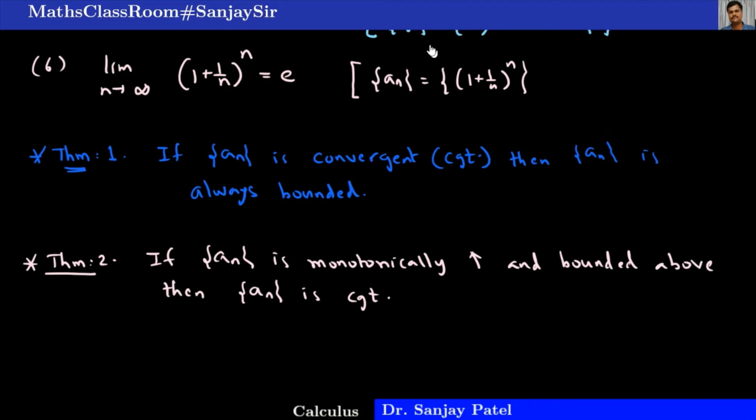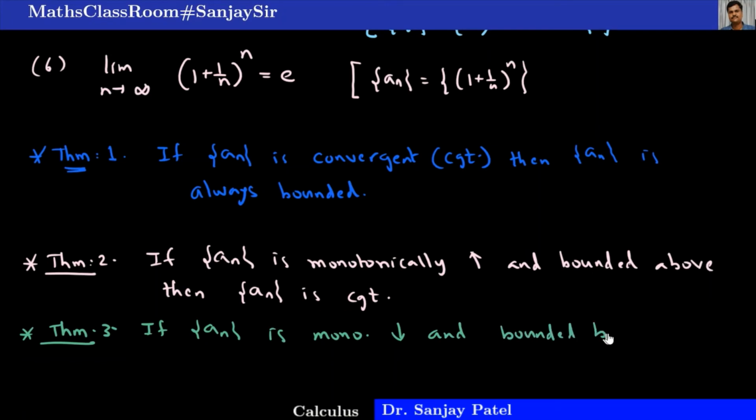And we have a similar result about decreasing and bounded below sequences. If a sequence an is a monotonically decreasing sequence and it is bounded below, then also the sequence an is convergent.